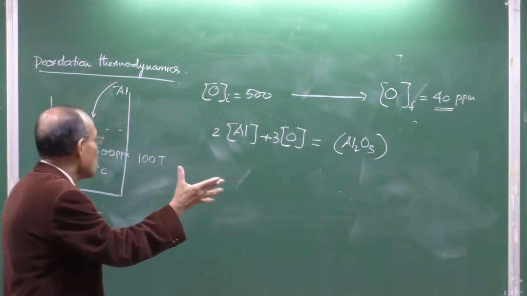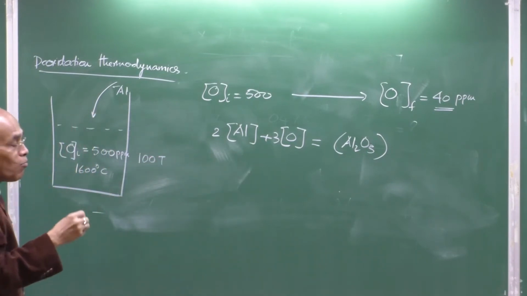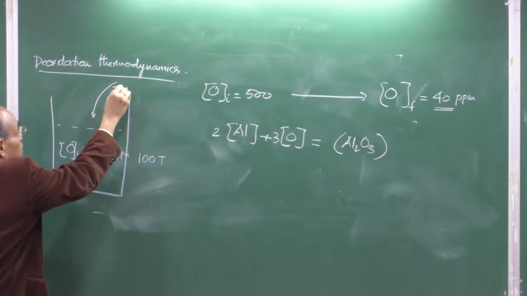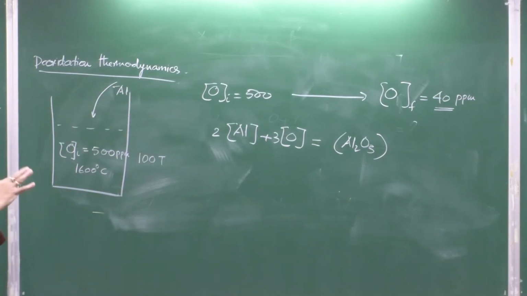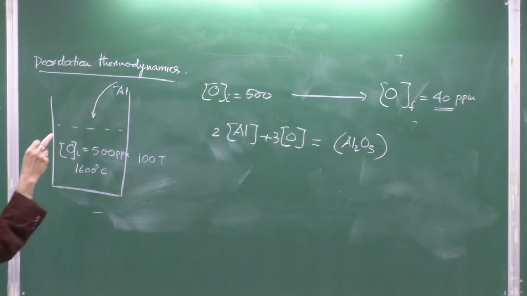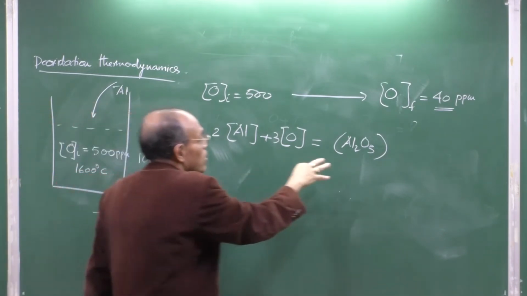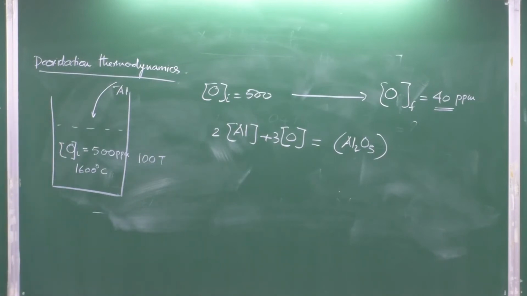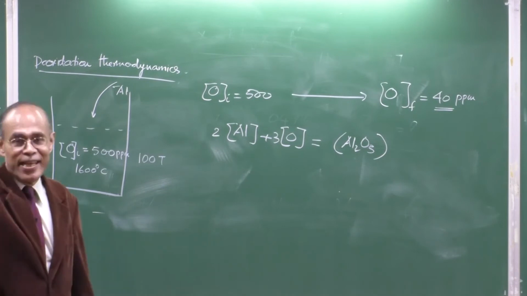So, complex deoxidation products can also form. Depending on the deoxidation process, but I pose the problem at a very simple level. I am saying that the moment you add aluminum, the deoxidation product is pure alumina, which need not be the case always.